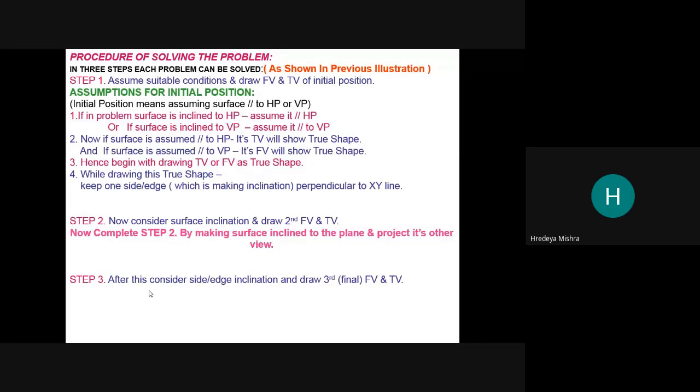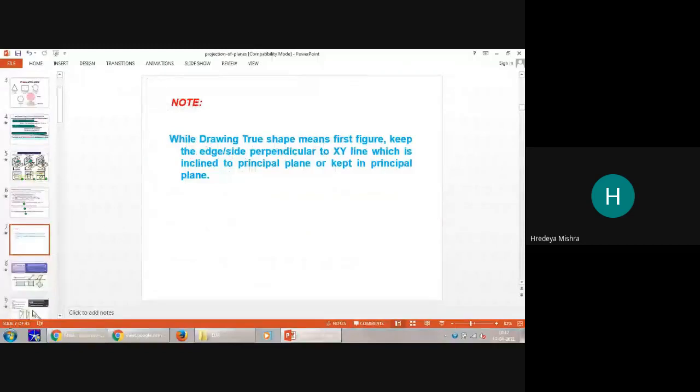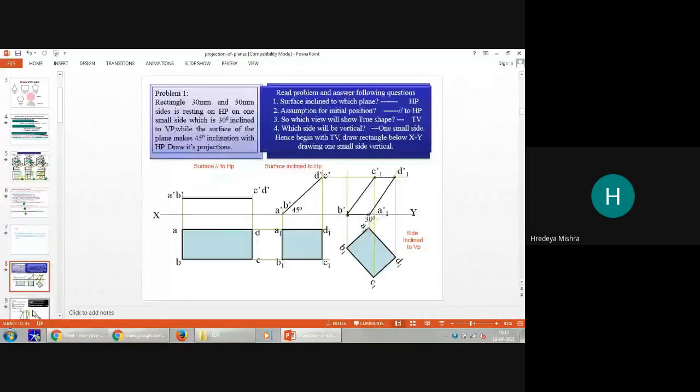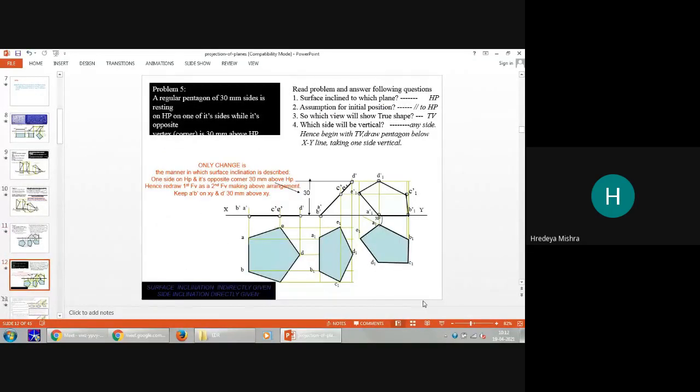So we just continue this. The fourth problem is completed. Now we come to the fifth problem.